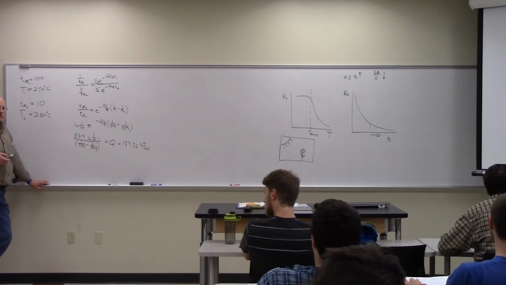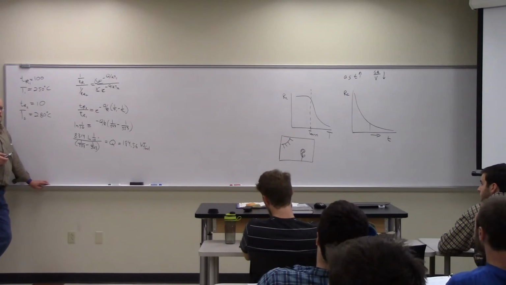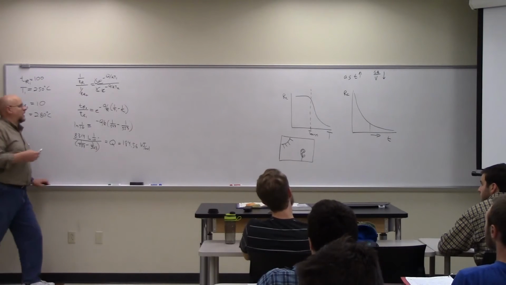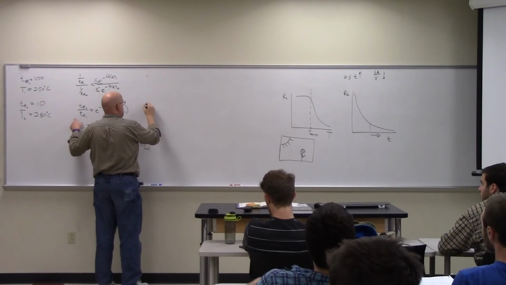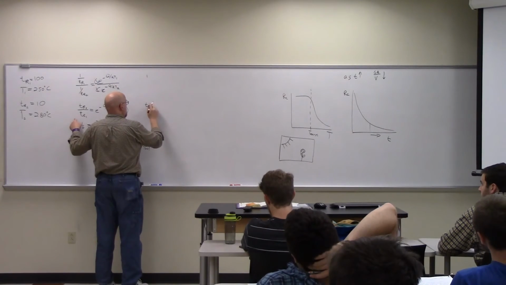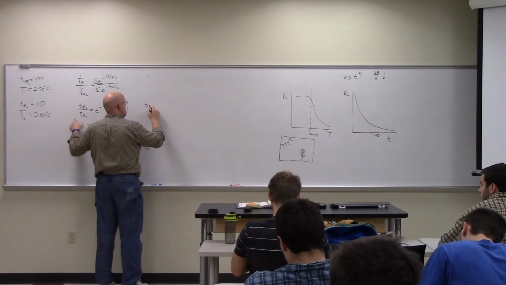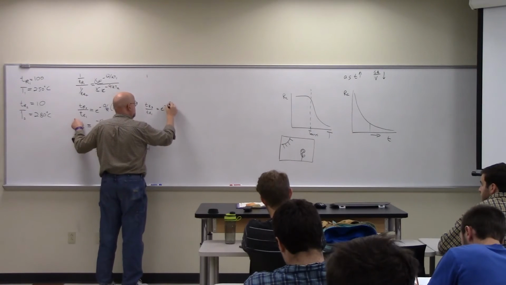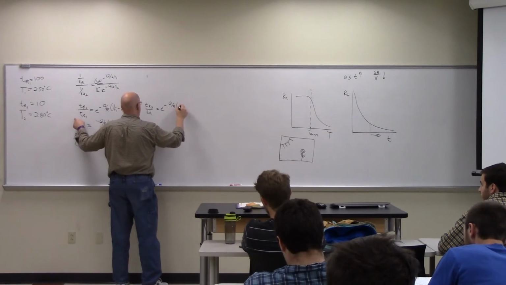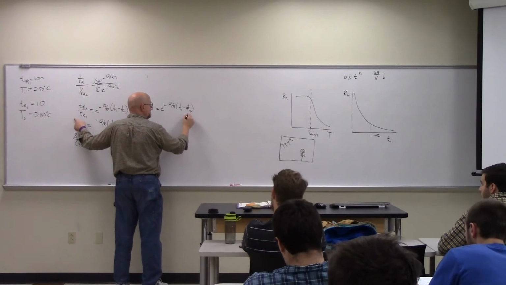Do we need to find out what C is first? Just do the same thing again, except with TR3 equals 1. Right, so I'll start from this: TR3 divided by TR1 equals e to the minus Q over R times 1 over T1 minus 1 over T3, and solve for T3.